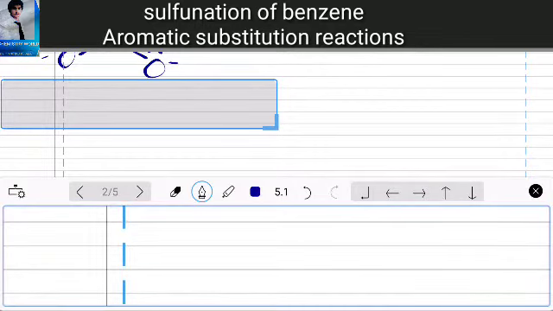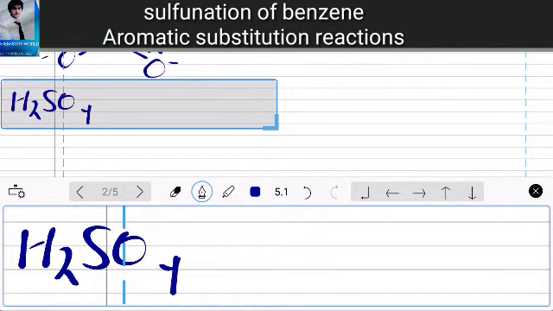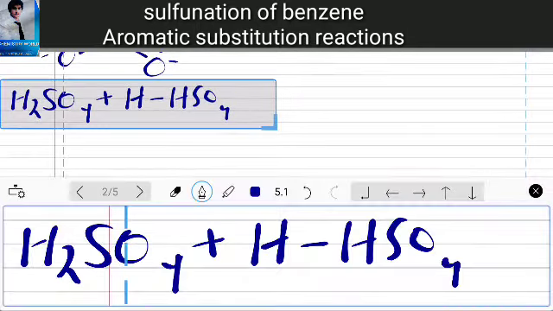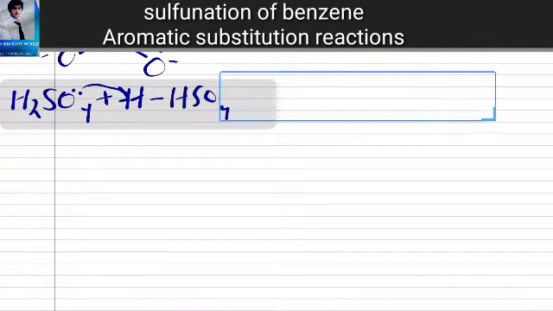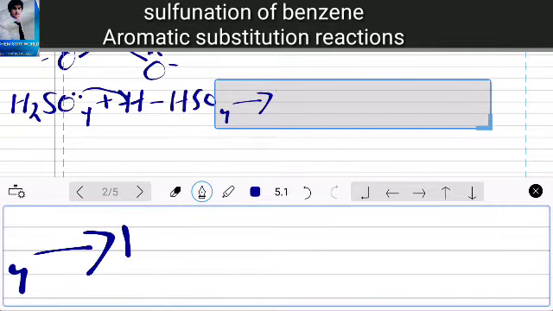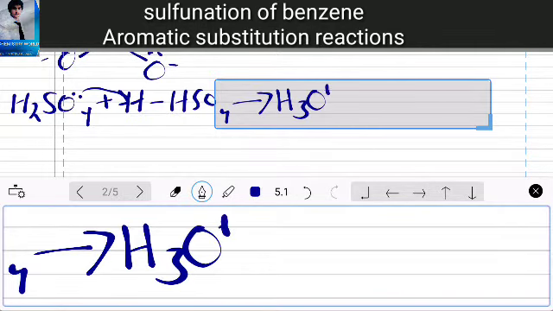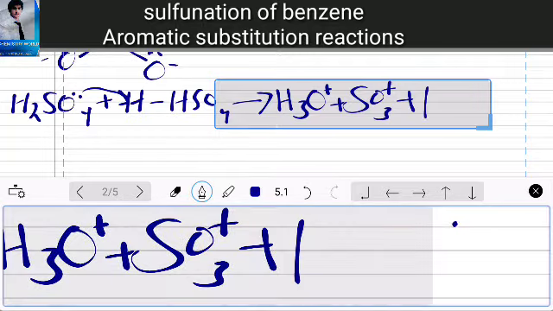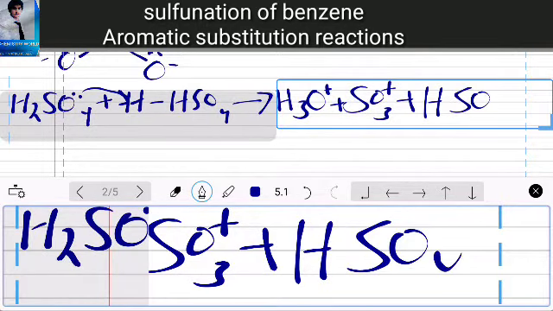First method is the reaction of H2SO4 with H2SO4. As we know that the oxygen contains an electron pair, it attacks on the H of the second H2SO4, and we can get H3O positive plus SO3 positive plus HSO4 negative.